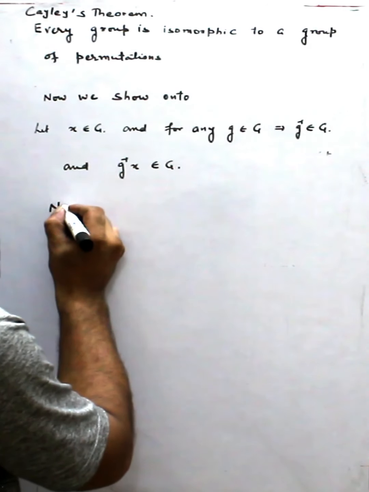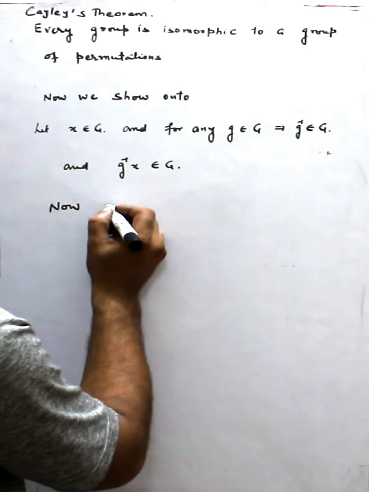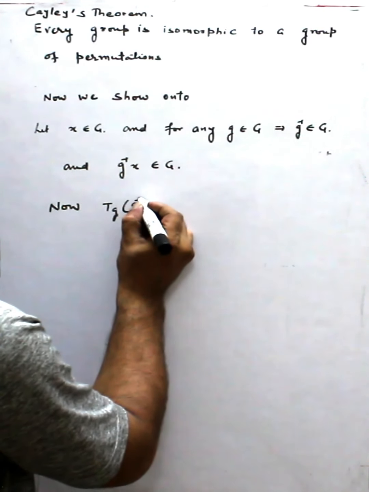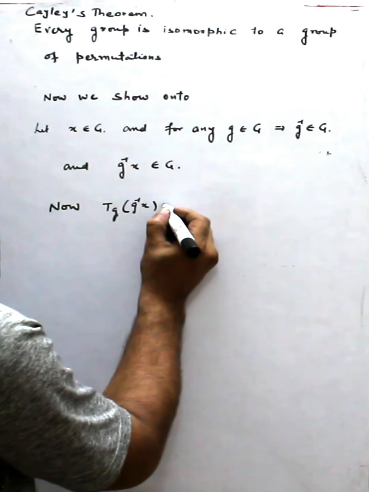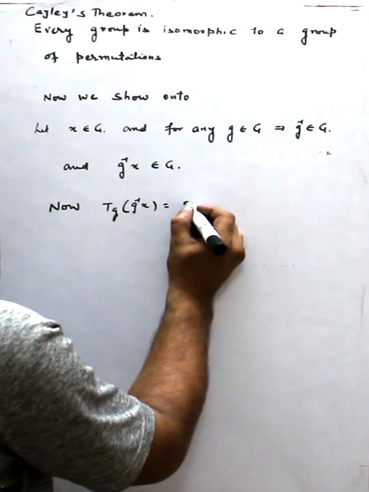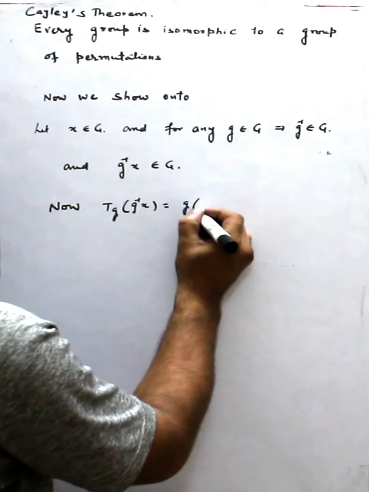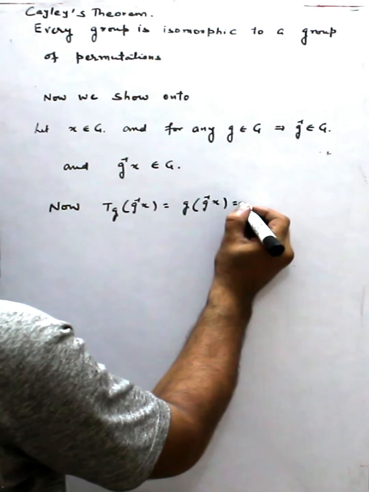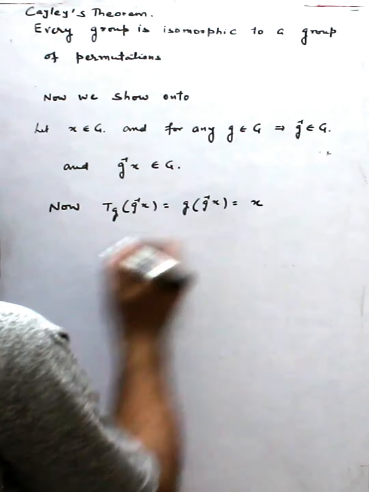Now Tg of g inverse x is equal to g g inverse x, equal to x.